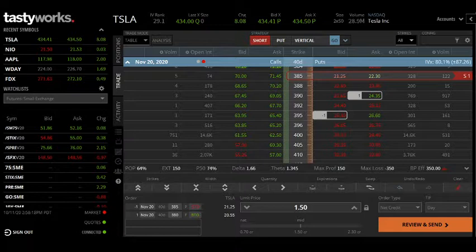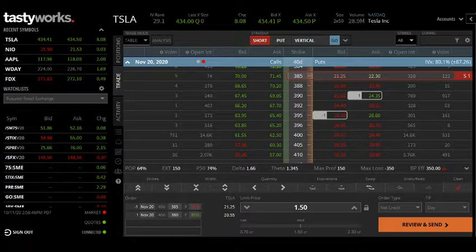This makes our risk management very low and our risk to reward a lot higher, because if our average loss at 21 days is only $100, and at roughly 50% at 21 days on a $150 credit you're making $75, our risk to reward is pretty decent. It's almost 1-to-1.